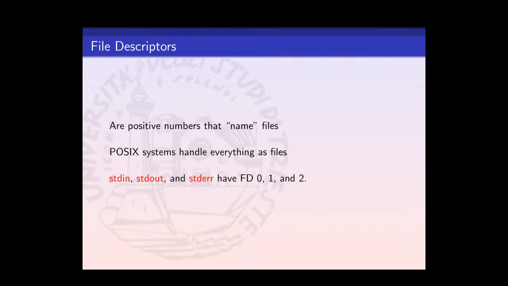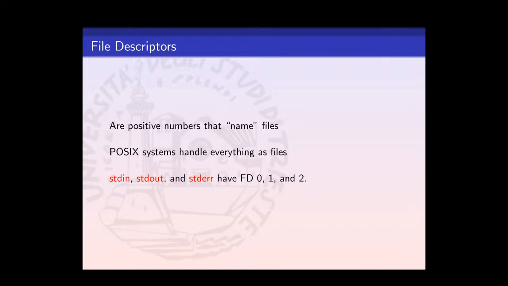Okay? And these numbers are all natural numbers. And there are three really important file descriptors, which are file descriptor 0, file descriptor 1, and file descriptor 2.